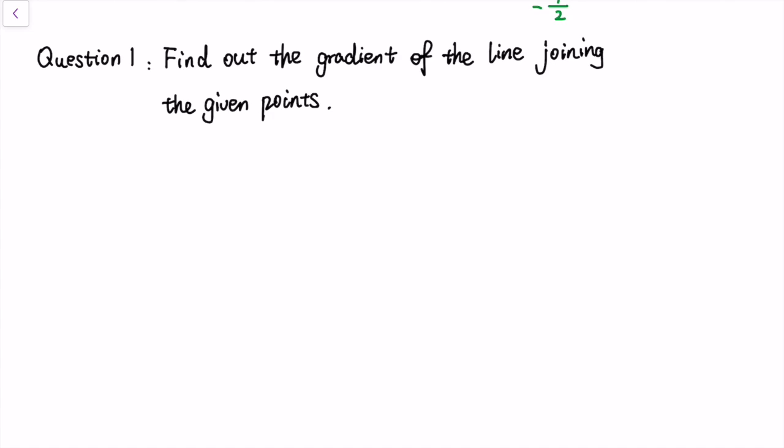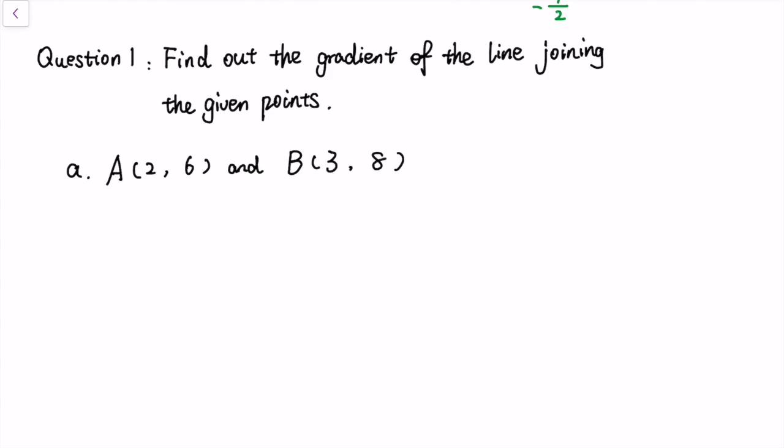The first question: you are given a pair of points. Point A is 2, 6, and point B is 3, 8.